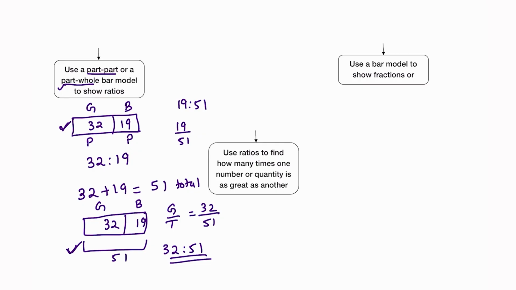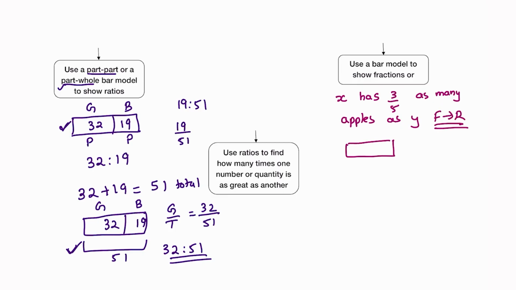We go to the fourth part. In this, we have to use bar models to show fractions or ratios. If we say that x has 3 over 5 as many apples as y, here we will do fraction as a ratio. So we have this bar model here, that's 3, and then we go further, that's 1 2 3 4 5, right?